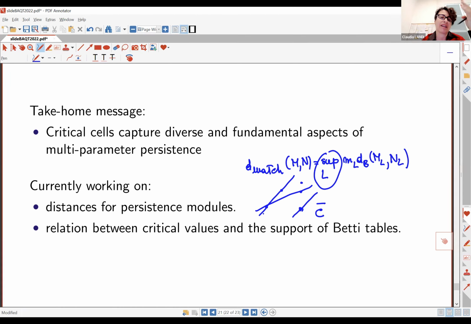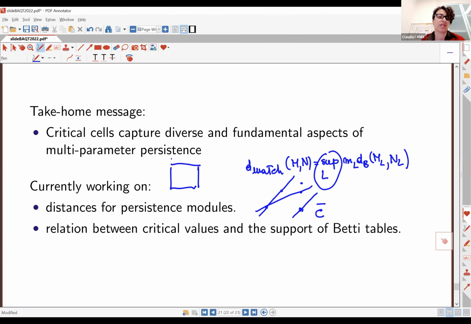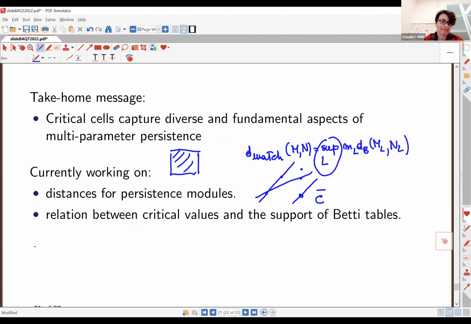But in that case, critical values do not play an important role, because he's considering rectangle modules, so it's the coordinates of the corners of the rectangle that play a role. And so, thank you.